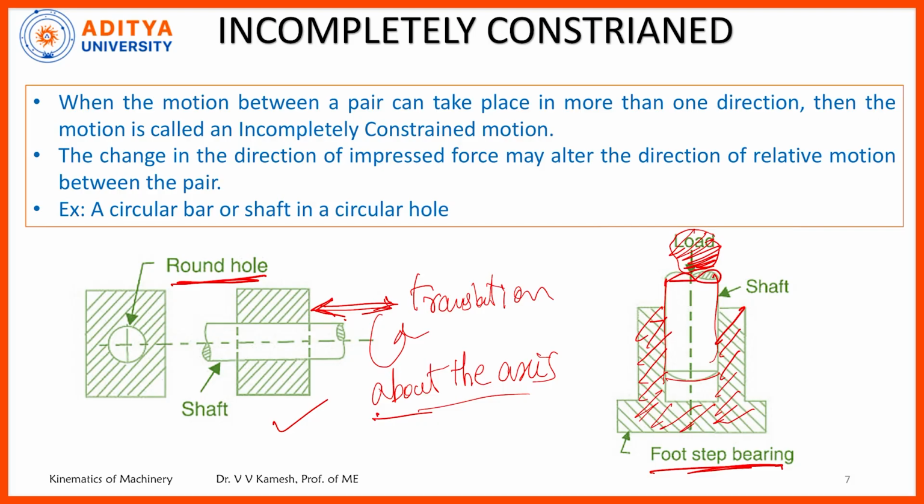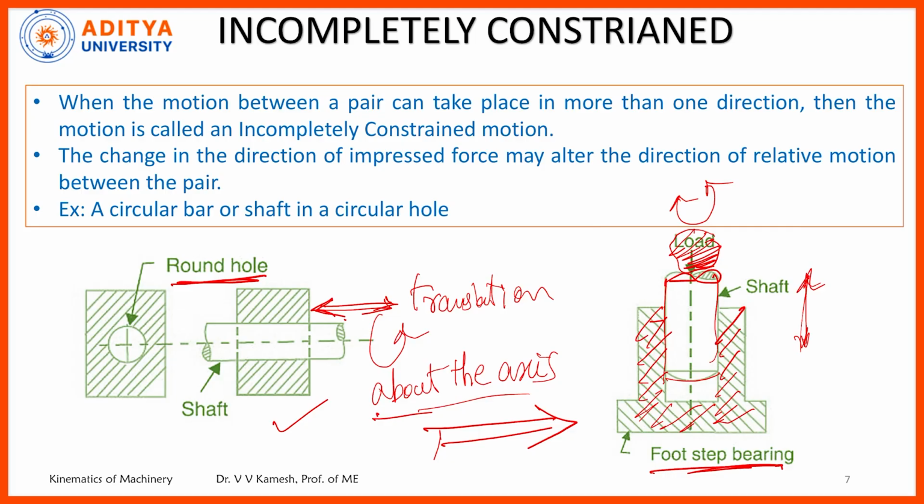Now how many movements are possible for the shaft? The shaft can move in and out, and the shaft can rotate, either clockwise or anti-clockwise, right? The same thing is being transferred here in the vertical direction only.